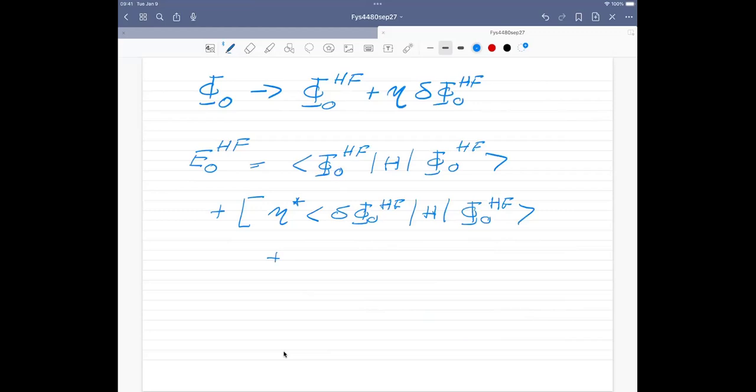And then we have plus an eta. So I'm simply just plugging in the wave function and calculating the new expectation value. And then we have a phi 0 Hartree-Fock, and then we have an h of delta phi 0 Hartree-Fock. So this is the linear term in eta. And then we have a term which is quadratic in eta.